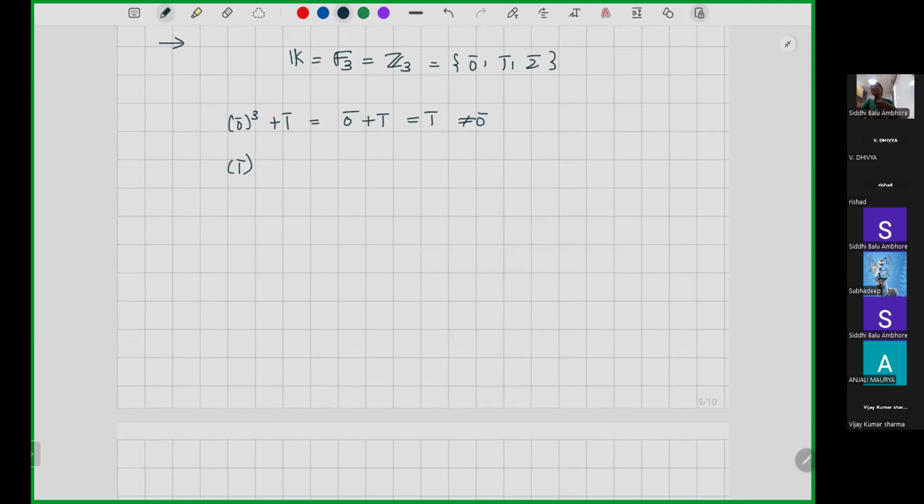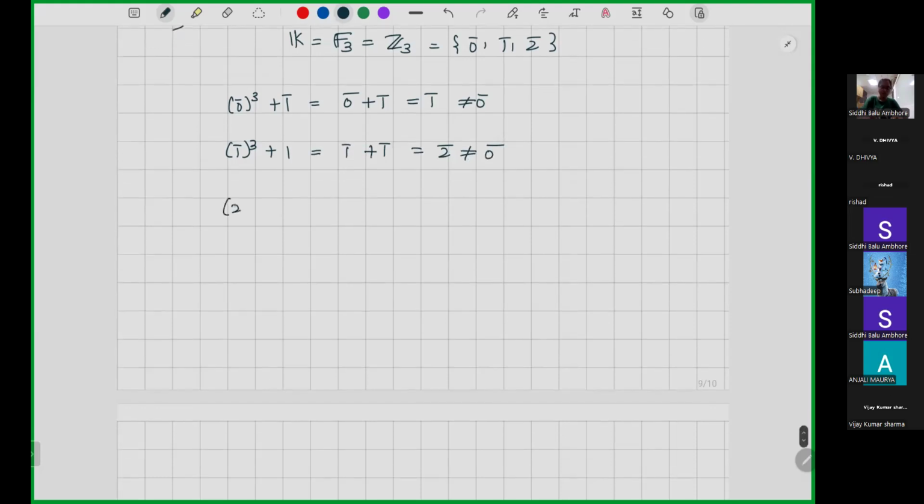Next, 1 bar cube plus 1 bar, which is 1 plus 1 bar, which is 2 bar, which is again not equal to 0 bar. And again 2 bar cube plus 1 bar is equal to minus 1 bar cube plus 1 bar.